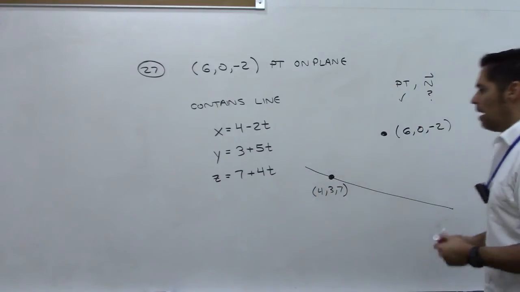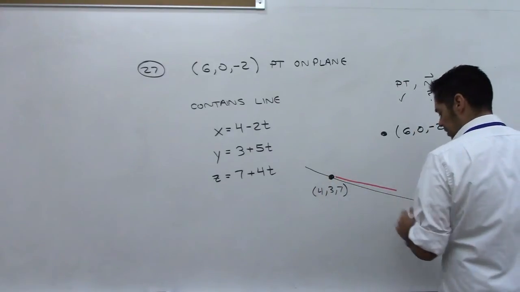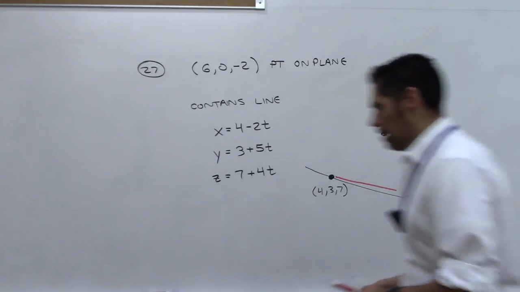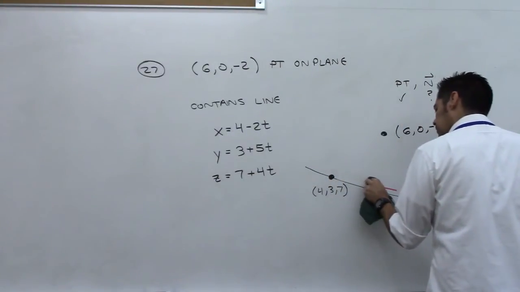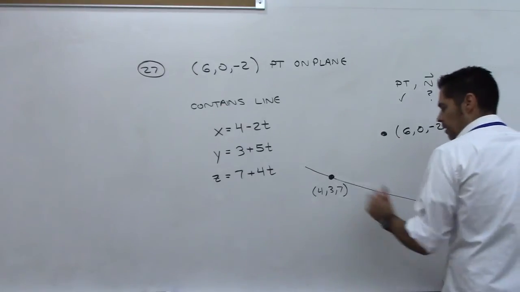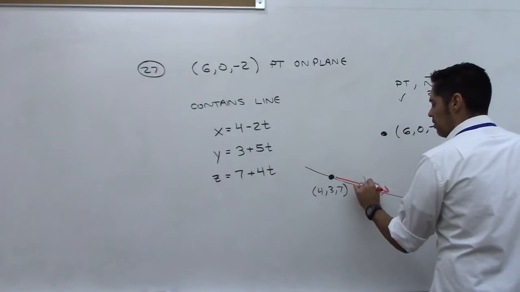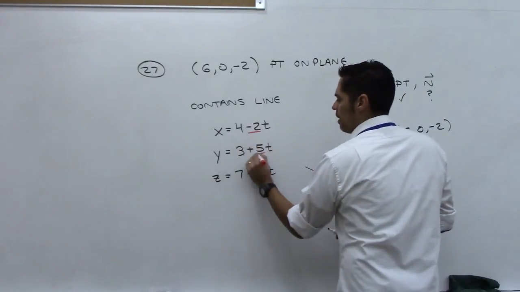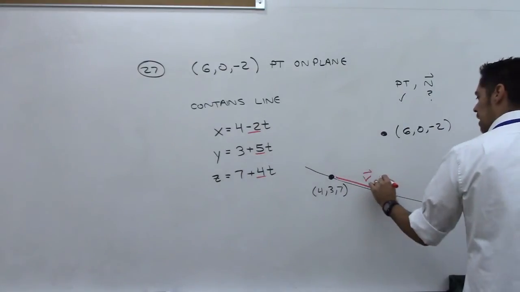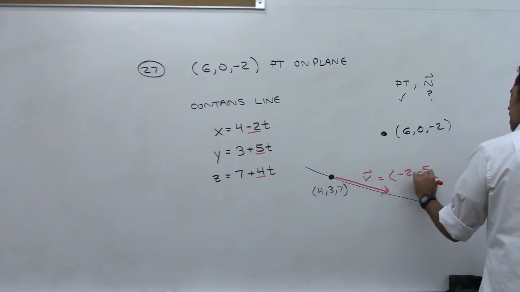Now, I need a direction vector of this line. And I could use the v, the direction vector for this line, which comes from these numbers right here. So that v is equal to the vector negative 2, 5, 4.